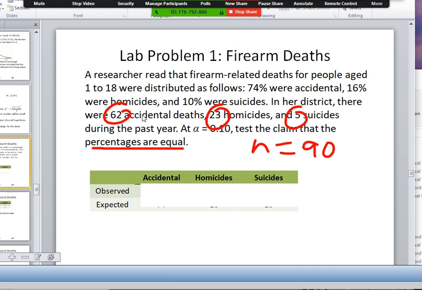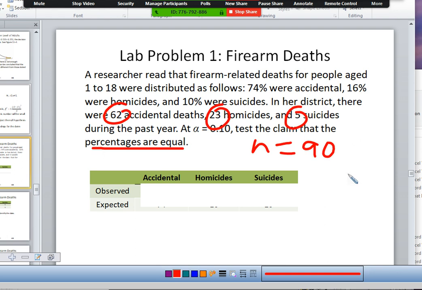So here we have our observed, right? We've got our 62 accidental, 23 homicides, 5 suicides. Do your observed first, because that'll kind of anchor you. And then figure out what should go for the expecteds after that. Compute all those. So I have to add them all up. If I add up 62 plus 23 plus 5, I get 90, so that's my n. So 74% of 90, that would be my expected here. 16% of 90, that would be my expected there.